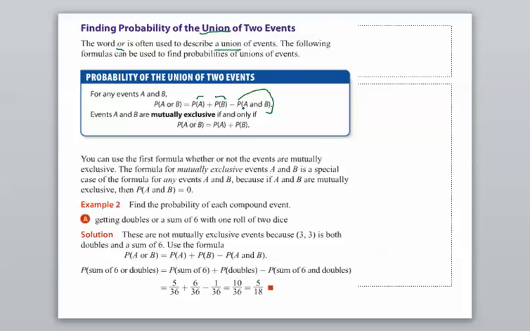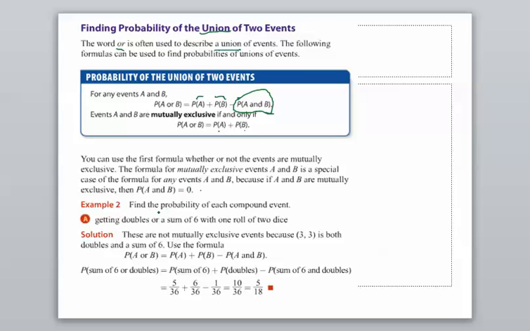If they're mutually exclusive, this part out here is going to be 0 because they can't both occur. And so in mutually exclusive events, you're looking at the probability of A plus the probability of B. So determining whether they are mutually exclusive or not is important.